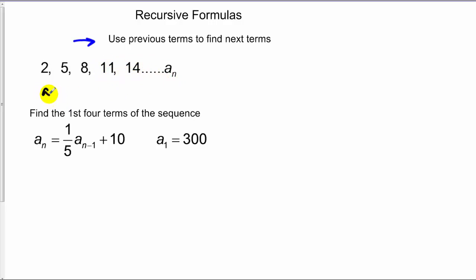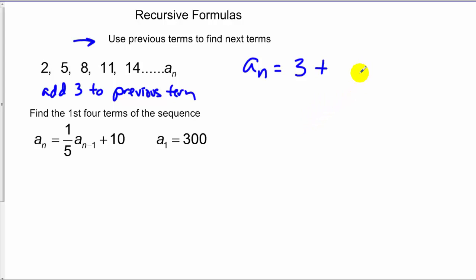We need to add 3 to the previous term. Now the way I say that in terms of a recursive formula is I say my nth term is equal to 3 plus my previous term. And the way to say your previous term using sequence notation is a with the subscript n minus 1. That right there means the previous term.